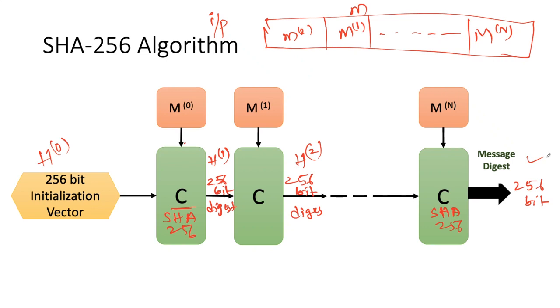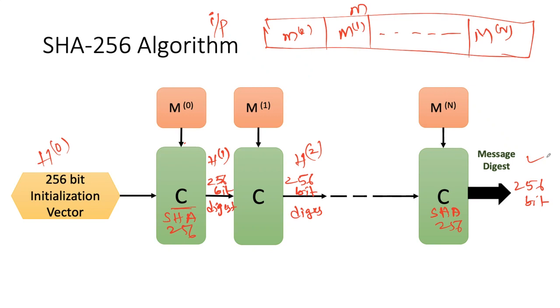Correct? So once we have this and the first block, then every block of the message will be processed sequentially. How it is processed means the output of the first compression function and the second block are the input that gives the next hash function.